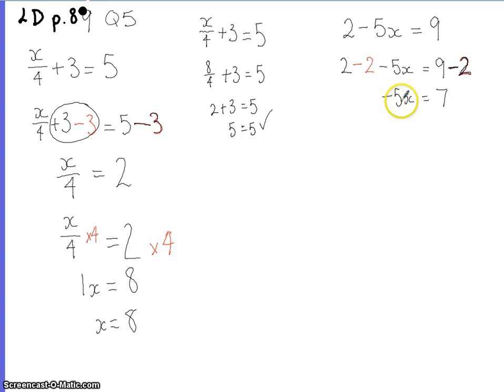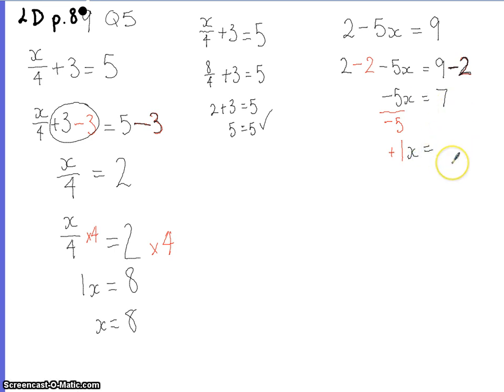We have negative 5 times x in here, don't we? What's the opposite of timesing it? Is to divide it. Negative 5 divided by negative 5, that's your thinking, because a negative and a negative makes a positive. 5 divided by 5, 1, and we've got the x anyway.